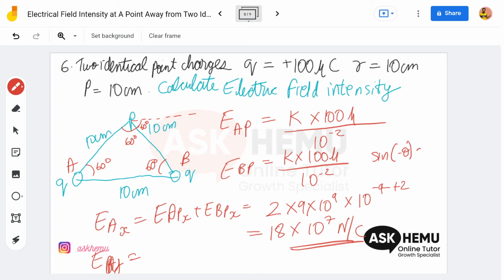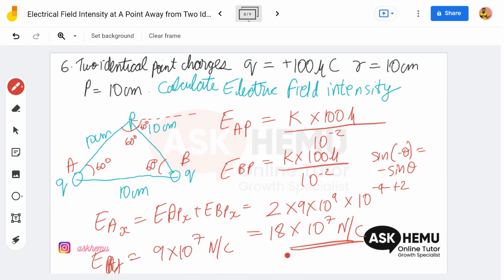Hence the vertical components cancel each other out. Remember, there are two sine components pointing upwards and one pointing downwards, and they cancel each other out. That's going to give us only one value, which is 9 into 10 to the power 7 Newton per coulomb.